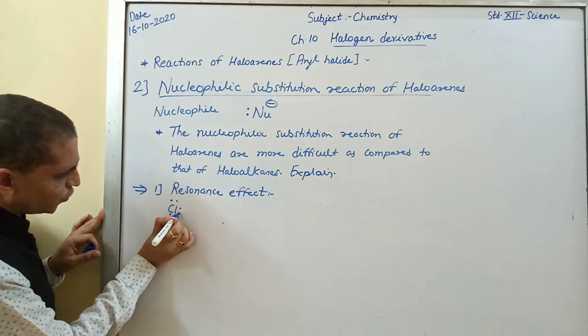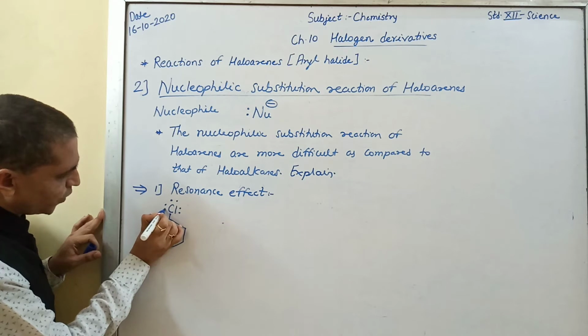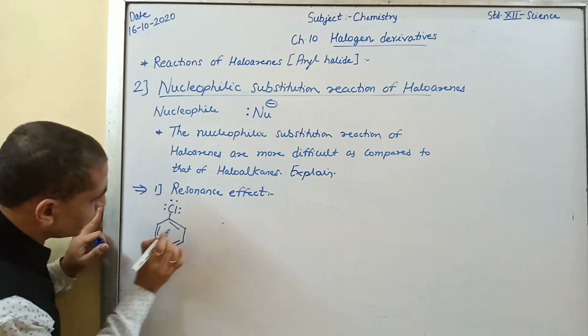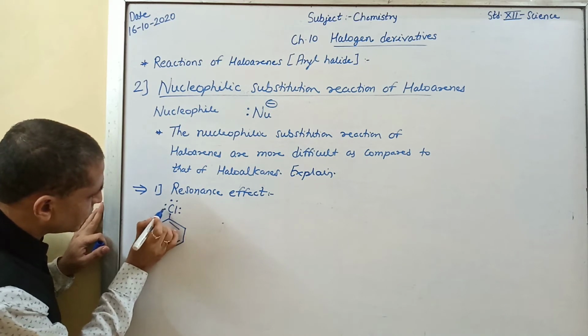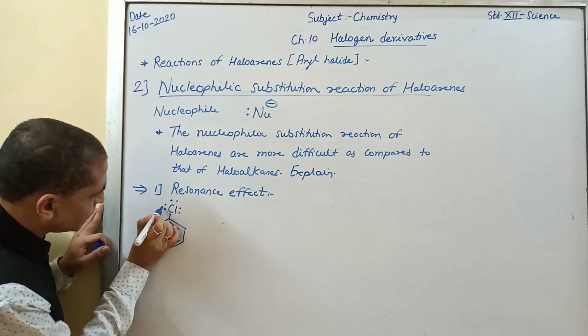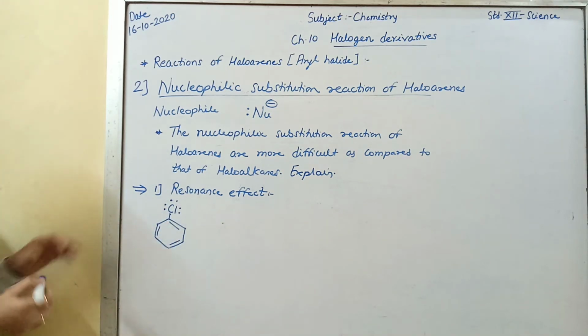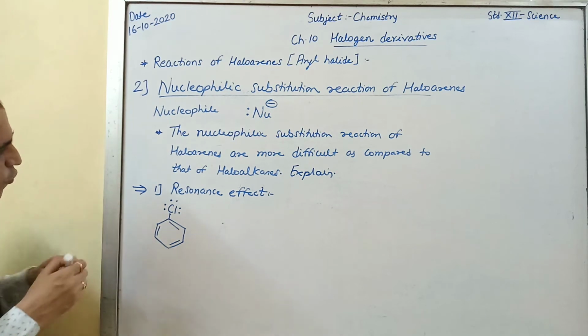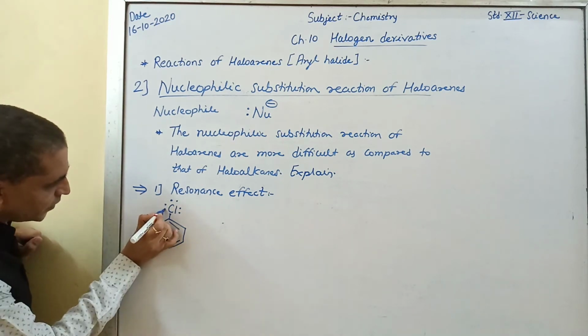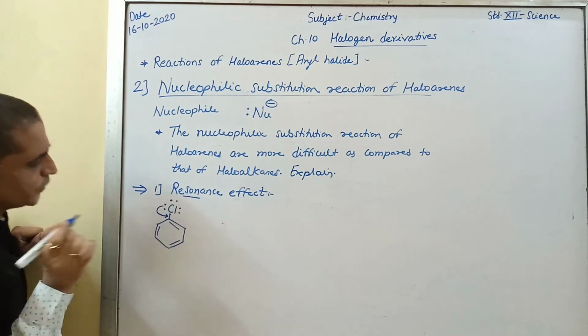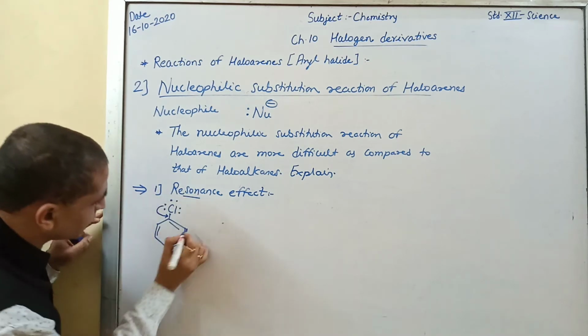So chlorine has 3 lone pairs of electrons. See 1, 2, 3, 4, 5, 6. What happened here? Due to inductive effect, you know that chlorine has the ability to accept electrons, but due to resonance, chlorine has the ability to donate this electron. It is because of resonance. So what happens here?